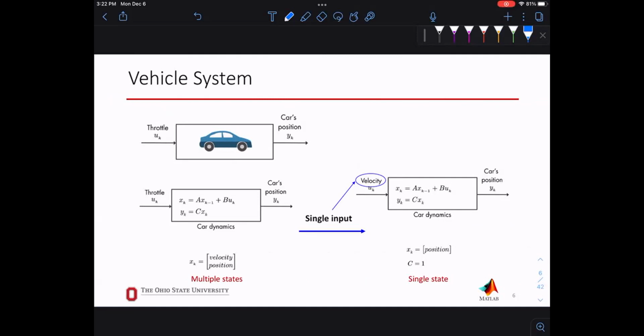As you said, we have the model of our system. Now a car is a multi-input, multi-output system, very complicated. We are going to go from multi-state to simplified, maybe a single state. Let's just look at the position, because velocity also affects position. So our output is only going to measure our input: just one input gives us one output.